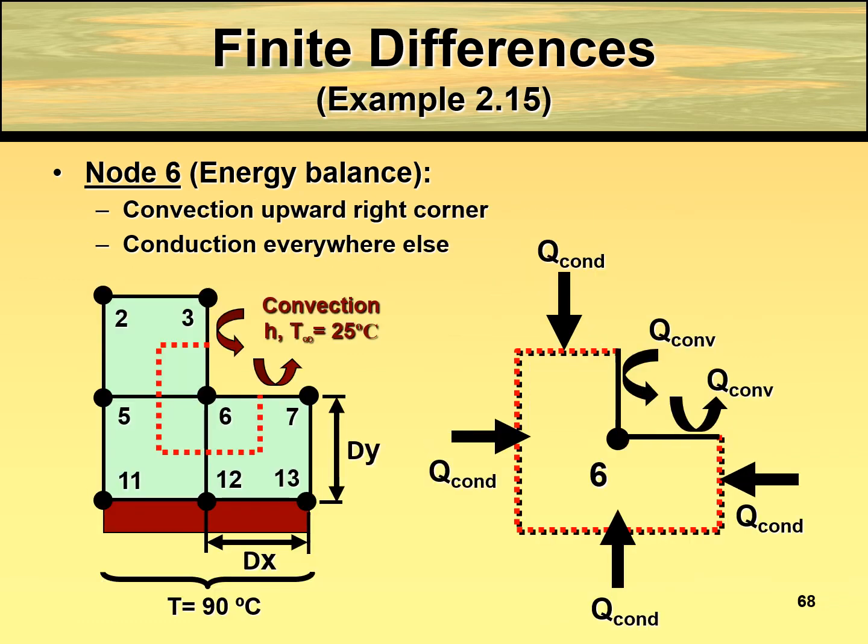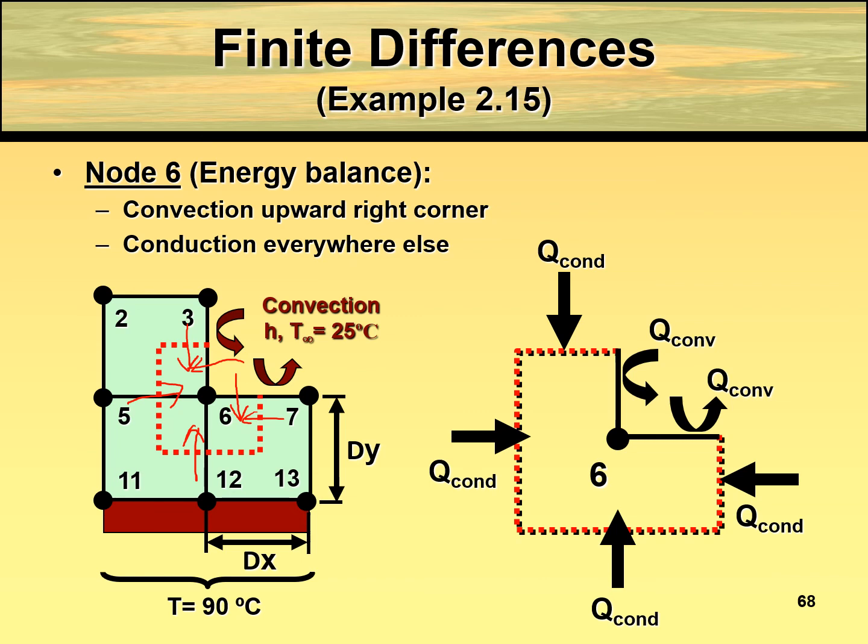Now, node number 6 is special. You can see here, this is node number 6. You have heat transfer coming in here, here, here, and here. That means you have node 3 to 6, 5 to 6, 12 to 6, 7 to 6, and not forgetting the convection coming in from both sides.